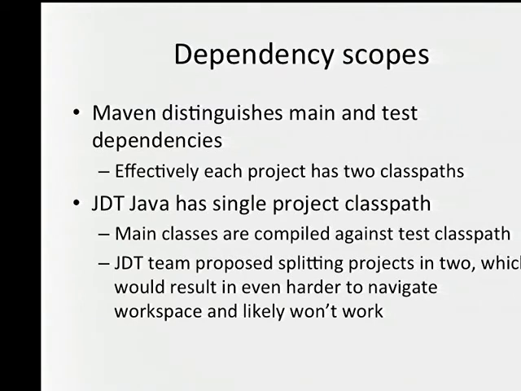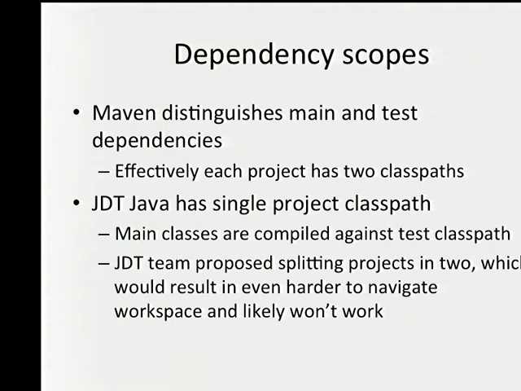As a result, projects inside the m2e workspace will use the test classpath to compile main classes. So for example, if by accident you include a JUnit import into one of your main classes, you will not know about this until you try to run the build on the command line. You will get no warnings or errors or anything like that. It will just compile well inside your Eclipse workspace.